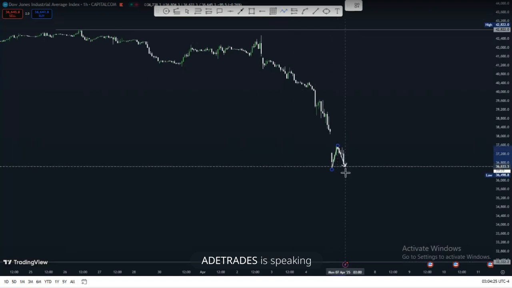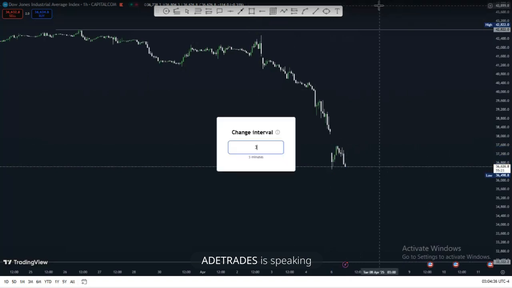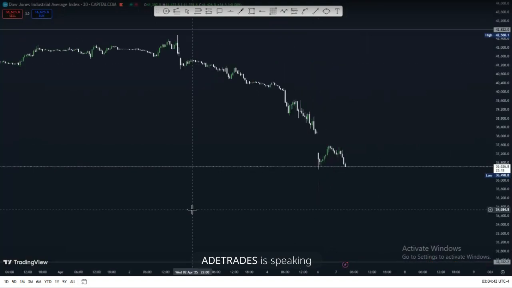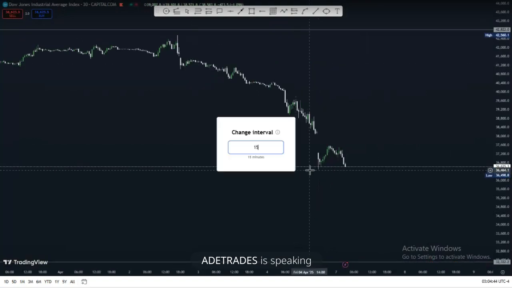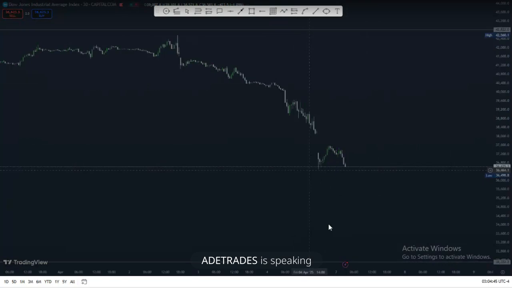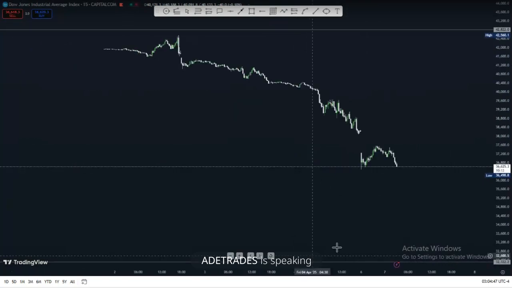I'm waiting for price to break out. But let's see what the 30 minute and the 15 minute structure has for us, so then we can decide, because I'm definitely sure that I'm going to be selling US 30 today. So now the main thing is just to find an entry.